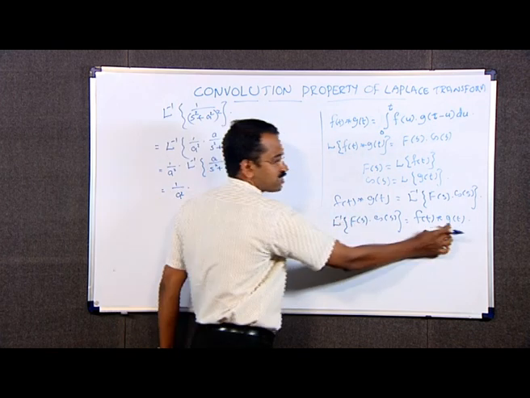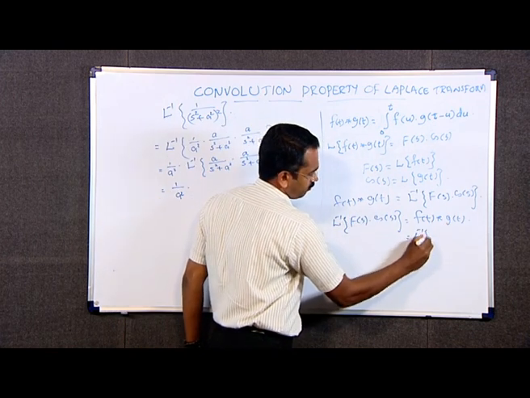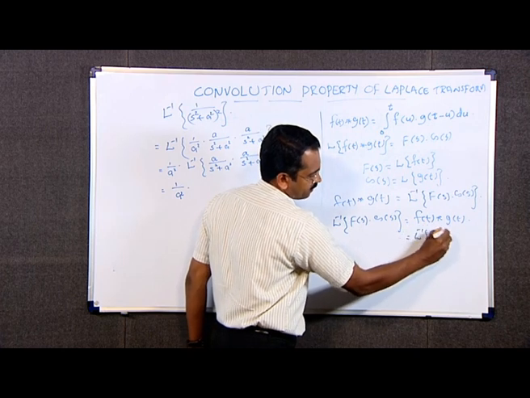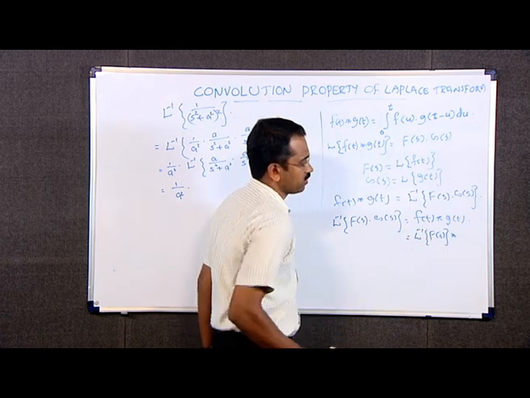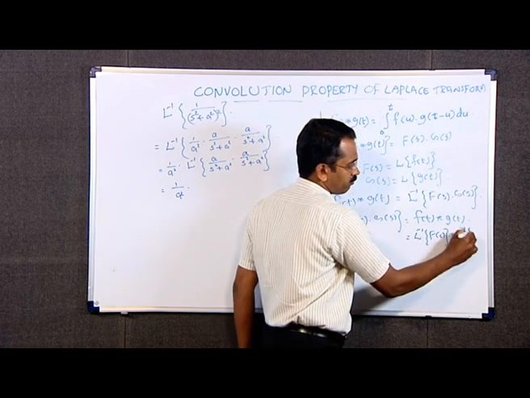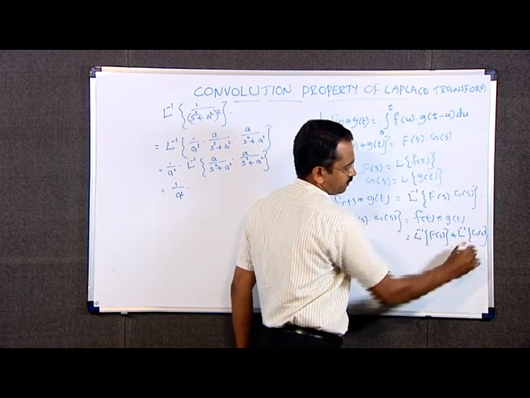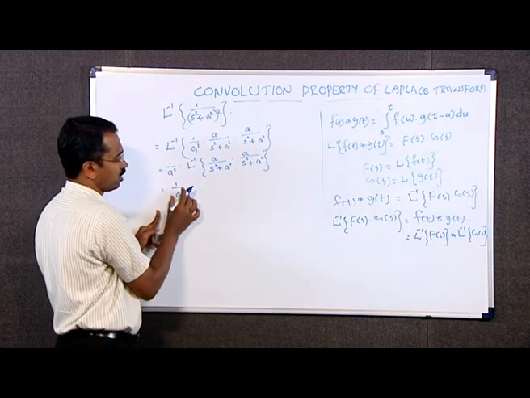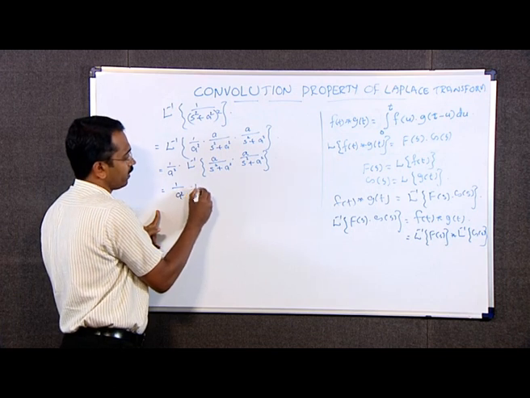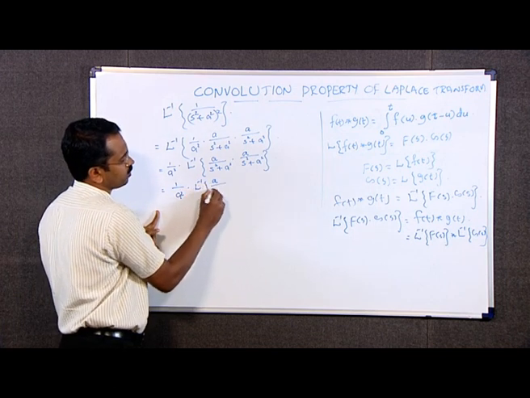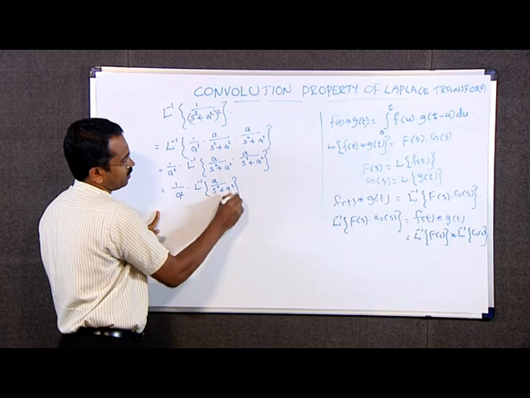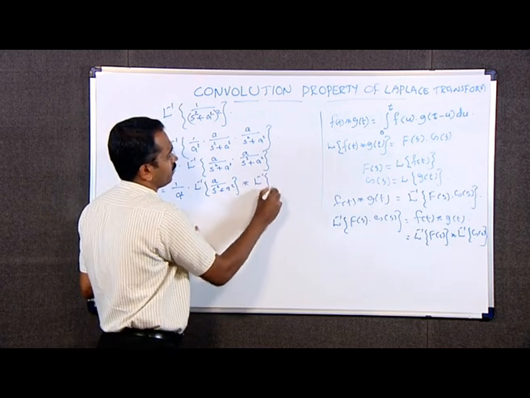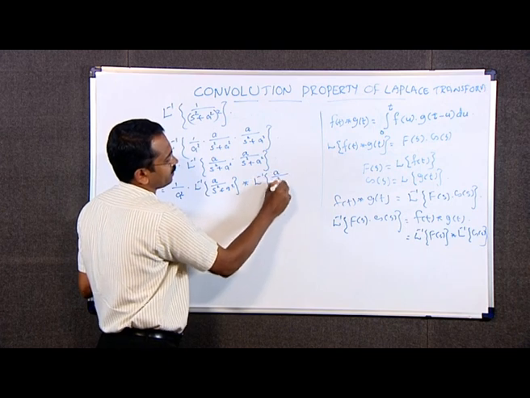f of t star g of t, where f of t is L inverse of f of s, convolution, g of t is L inverse of g of s. Therefore, from here we can write this is equal to 1 by a square into L inverse of a by s square plus a square, convolution L inverse of a by s square plus a square.